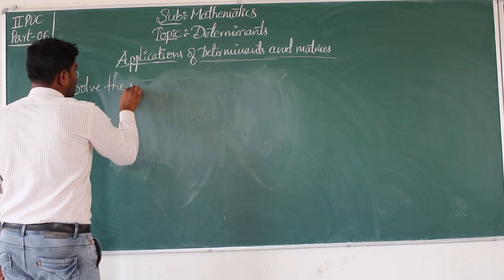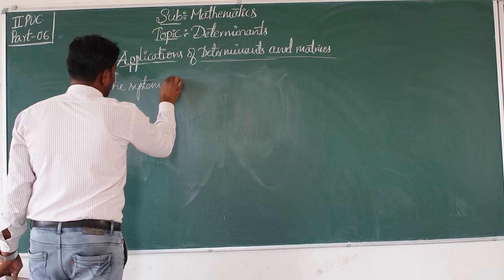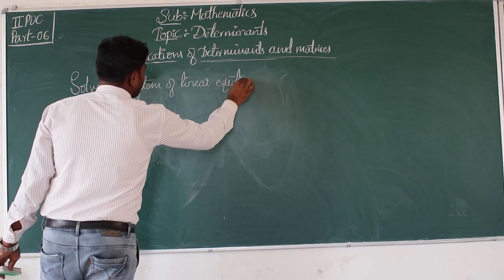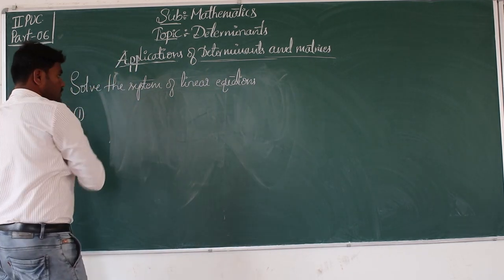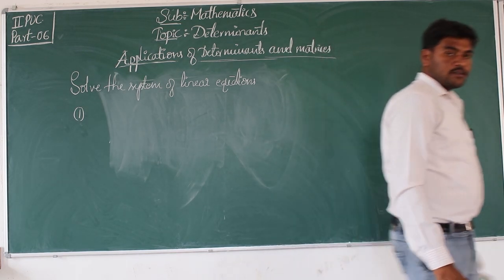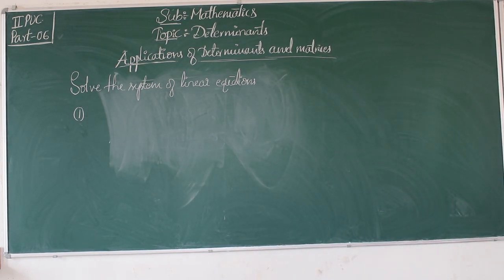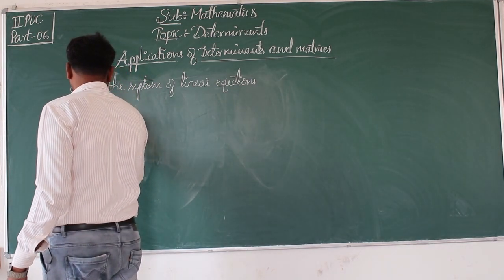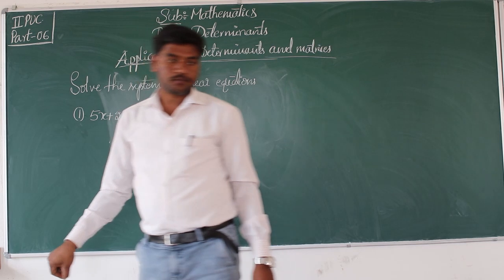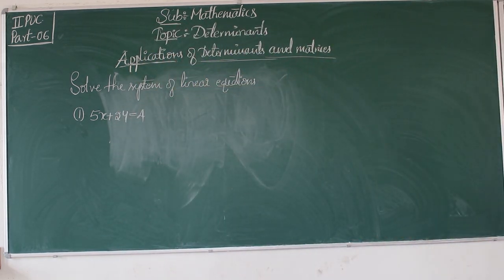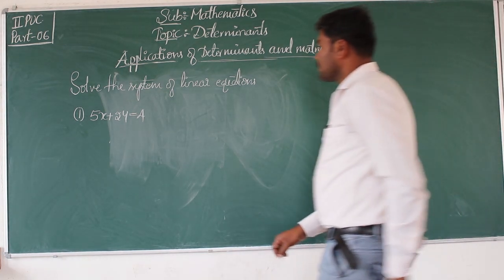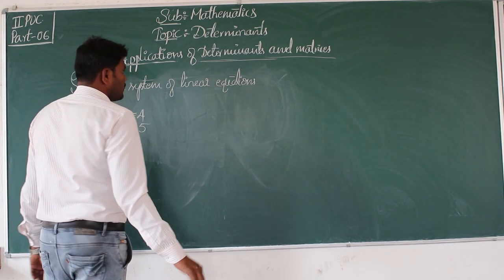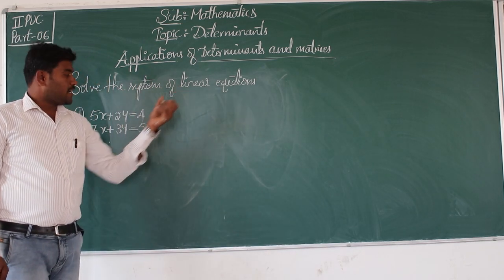So the very first one is, solve the system of linear equations: 5x plus 2y is equal to 4, and one more equation, 7x plus 3y is equal to 5.